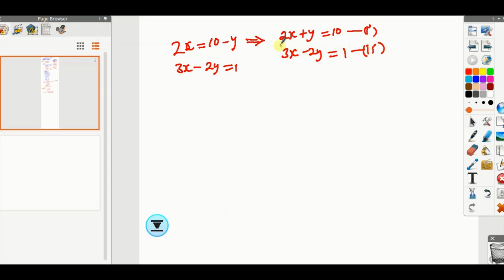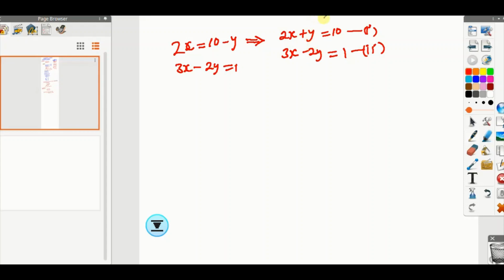Now, as I explained earlier, when the coefficients are not equal, making them equal is the first thing you can do. Now, you see that the coefficient of x here is 2. The coefficient of x in equation 2 is 3. So they are not the same. Here we see the coefficient of y is 1, and in equation 2, the coefficient of y is 2.